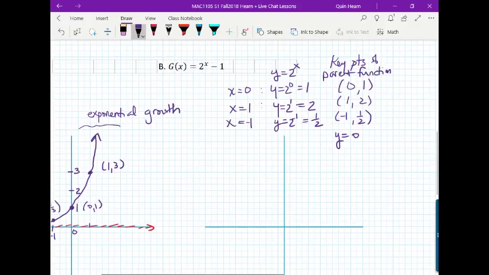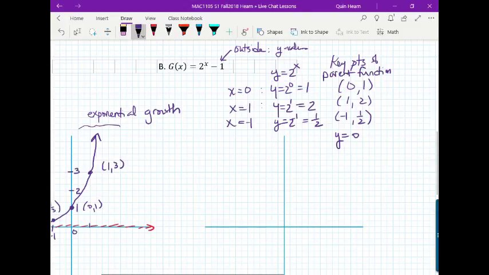So these would be the key points of the parent function, without the -1. Now, what is the -1 going to affect on the graph? Is it on the inside of the function or the outside of the function? To be on the inside of the function, it has to affect the x or be inside the exponent, which this is not. So this is on the outside of the function, as we discussed when we were talking about transformations. And so it affects the y value.